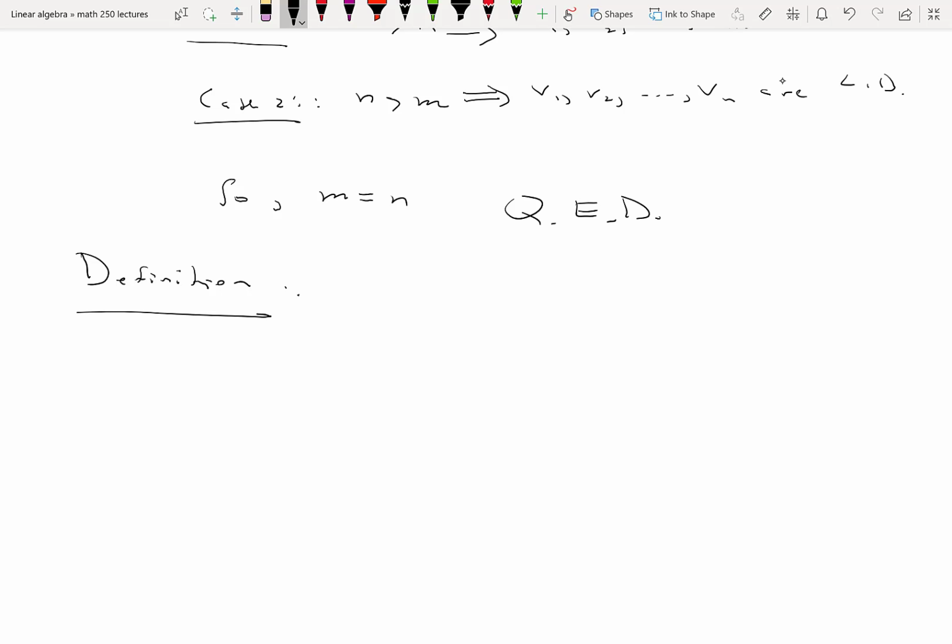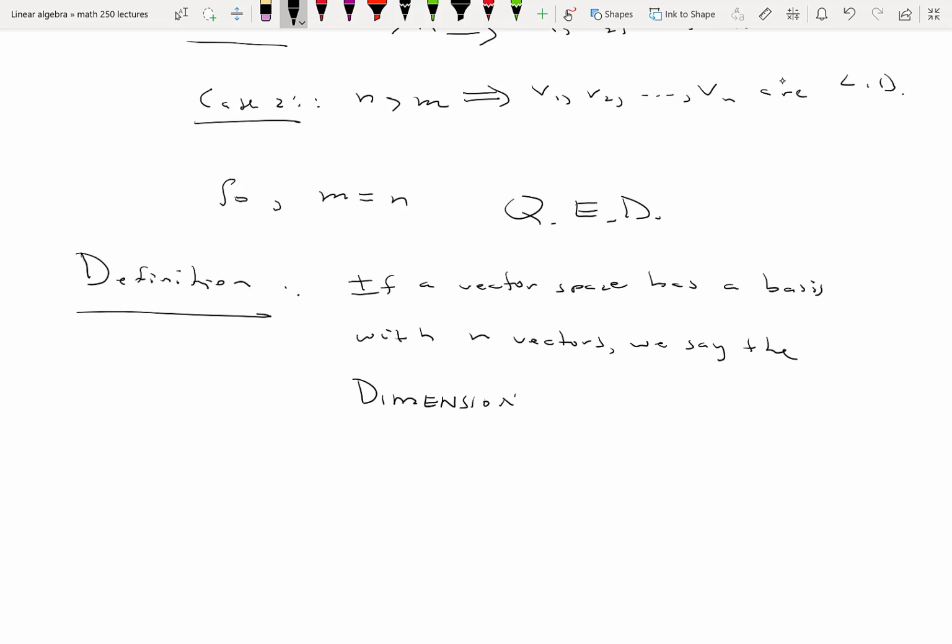If a vector space V has a basis with n vectors, we say the dimension of V is n.